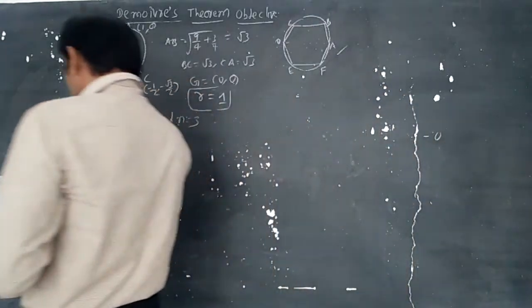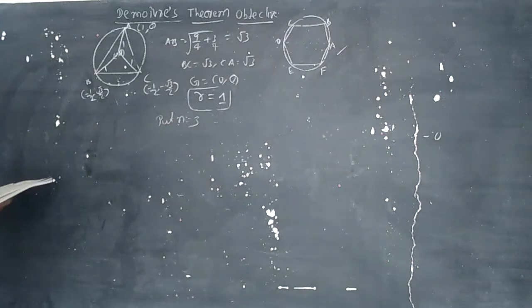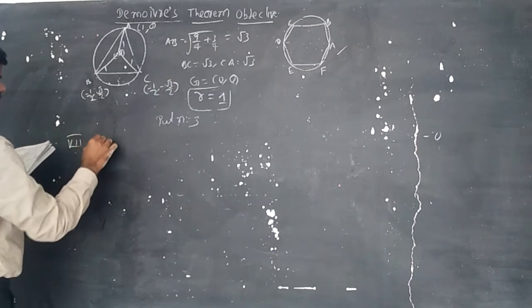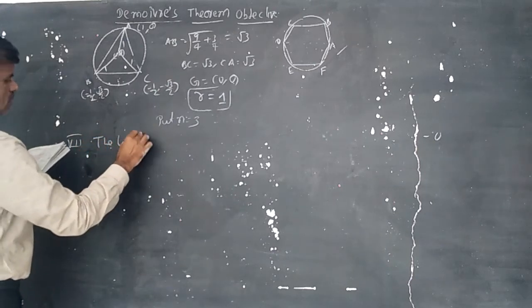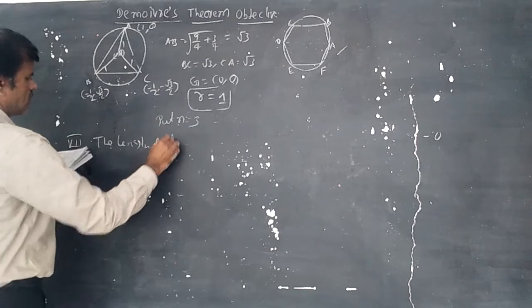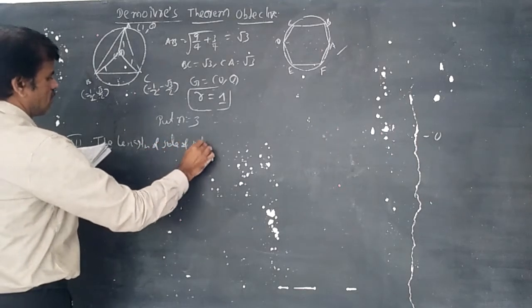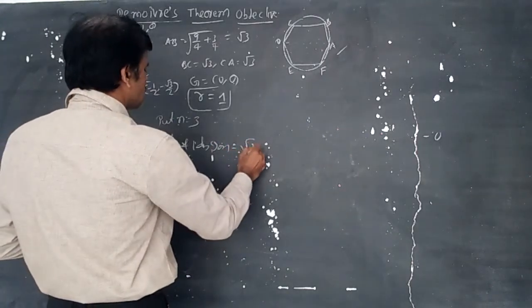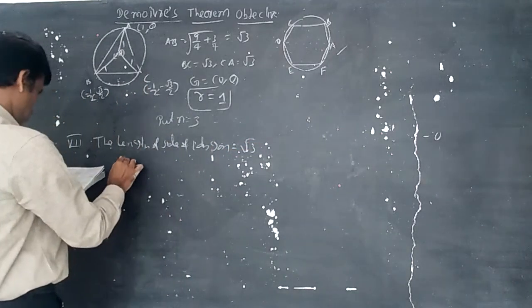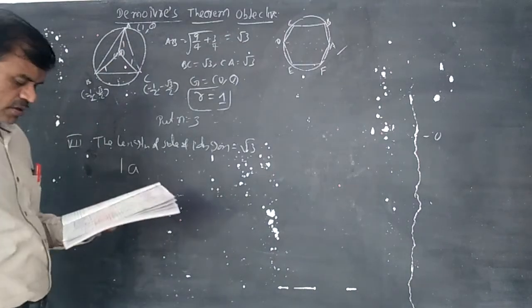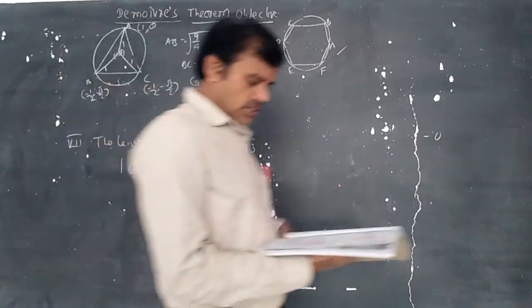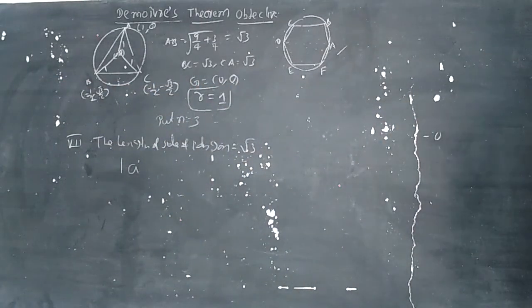Now the length of a side of the polygon, seventh formula. The length of a side of the polygon, we got simply root 3, is indicating here the modulus of a power i minus a power i plus 1.